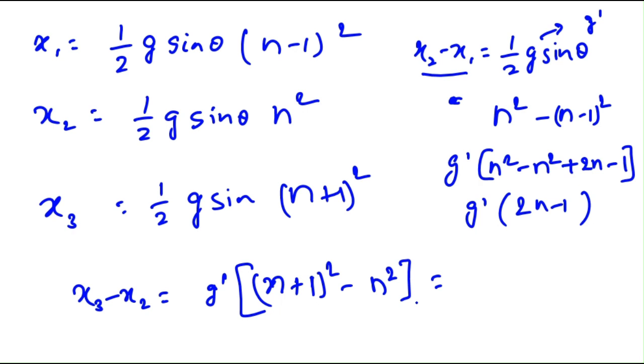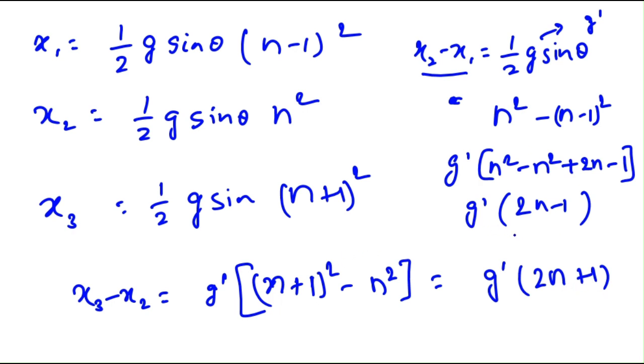And if we calculate, here will be n square plus 2n plus 1, and n square will be cancelled out with this negative n square. So here we will have g prime 2n plus 1. And as we know, this x2 minus x1 divided by this x3 minus x2 is the ratio of Sn divided by Sn plus 1.